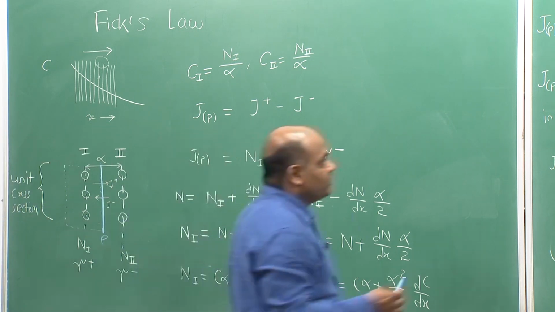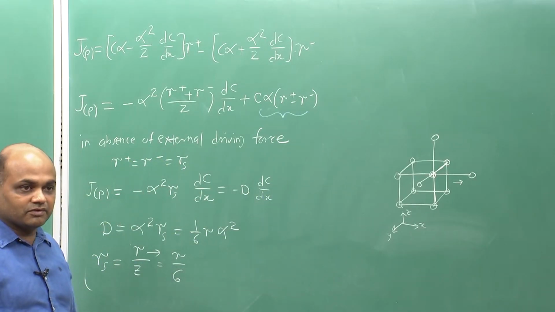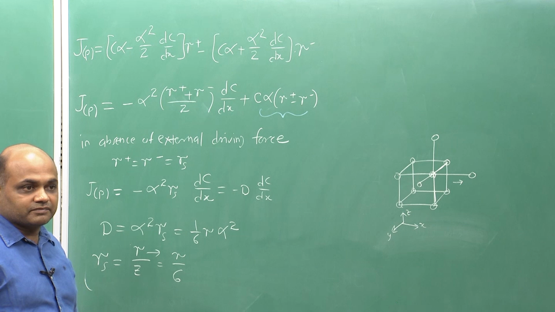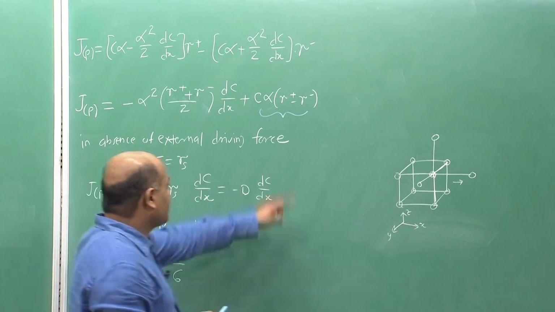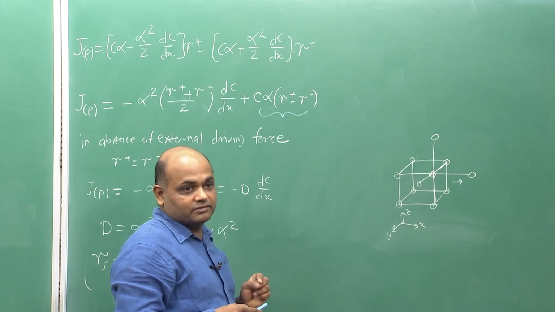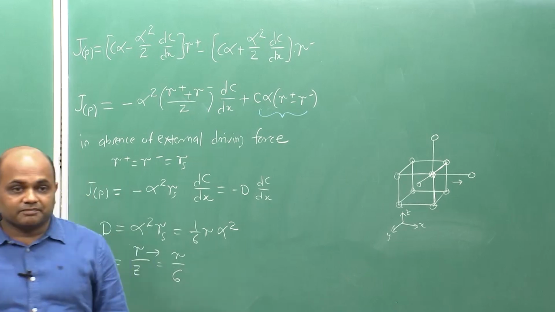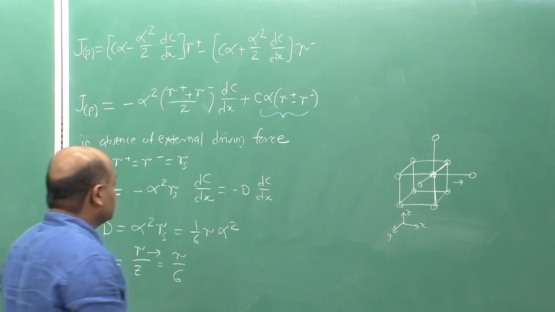That means, this term will not vanish, it will have some non-zero value. Obviously, if gamma plus is not same as gamma minus, this term will have a non-zero value, and this is nothing but the drift term, right.